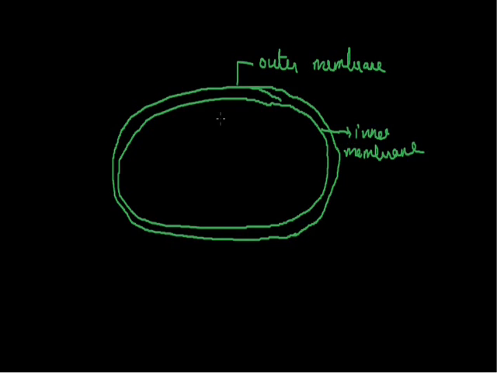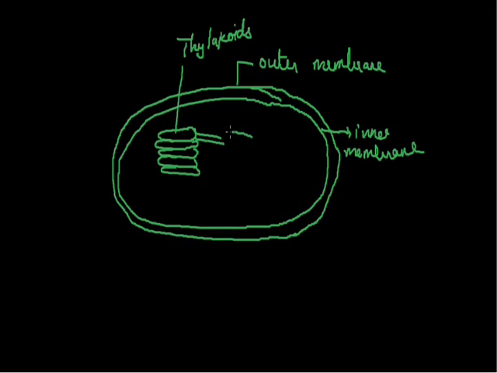Internally, it contains stacks of lamellae which are placed one over another, and each of them can be individually called the thylakoids. These stacks of lamellae or thylakoids are internally interconnected with other stacks of lamellae.